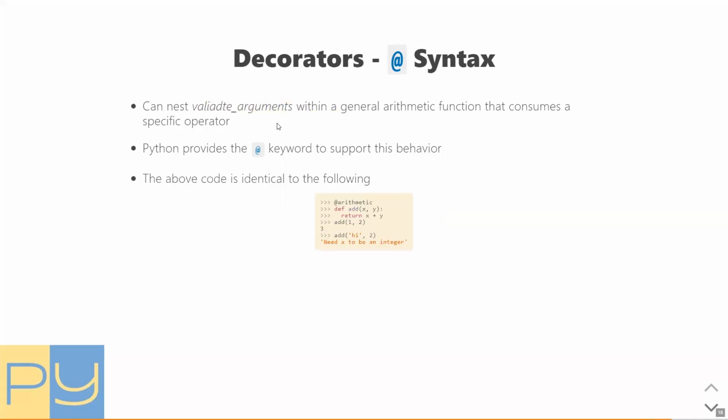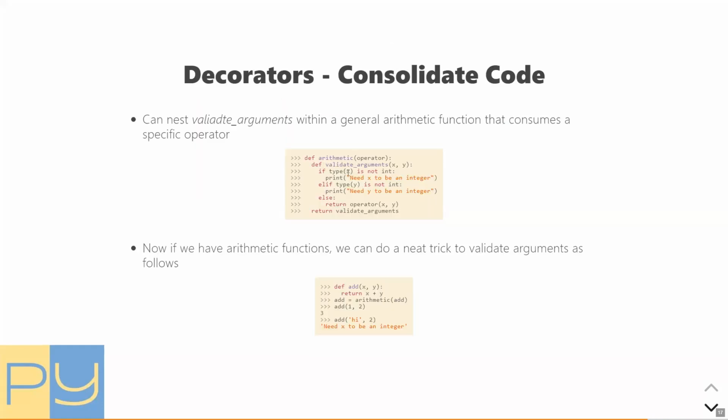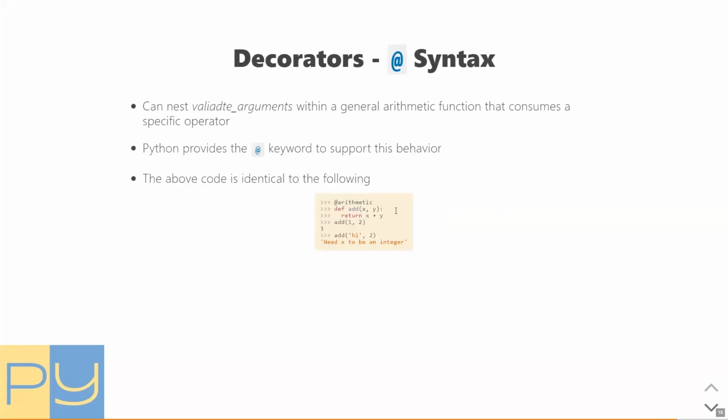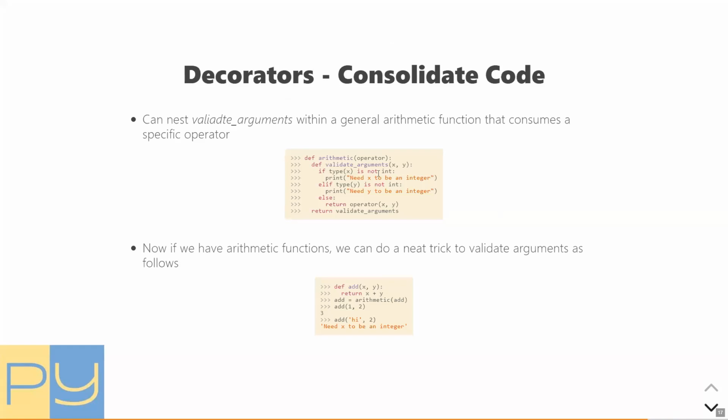If you do something like @arithmetic, and let's just recall that arithmetic is just this function, this is actually equivalent to doing add equals arithmetic on add. Those lines are indeed equivalent.